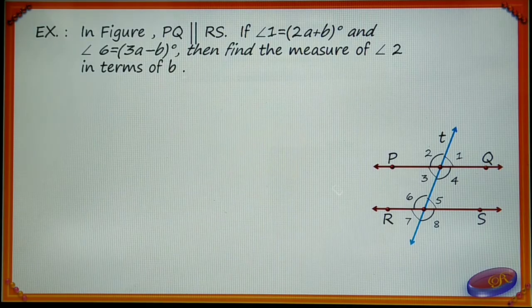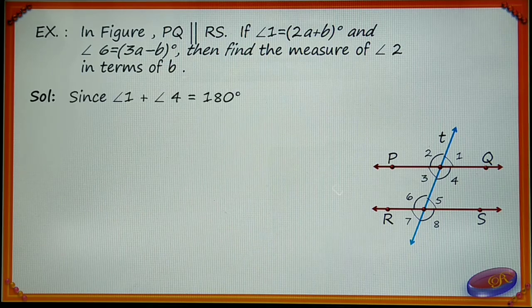Example: in the figure, PQ is parallel to RS. If angle 1 is equal to 2A plus B in degrees and angle 6 is equal to 3A minus B degrees, then find the measure of angle 2 in terms of B. Solution.